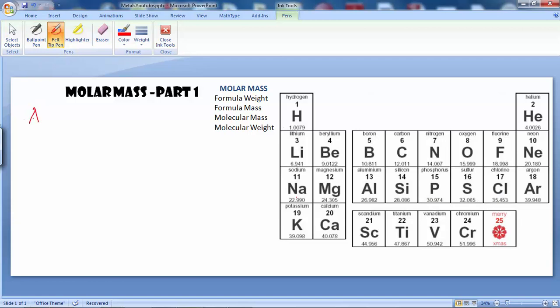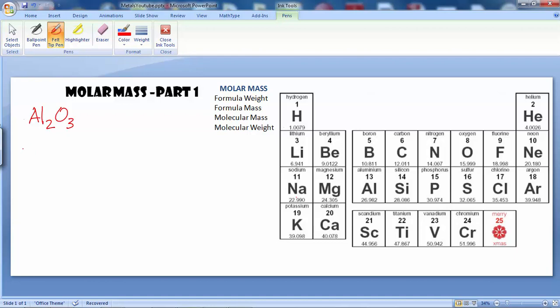Let's say Al2O3. And we just got through naming this compound, and as a reminder, this is aluminum oxide.